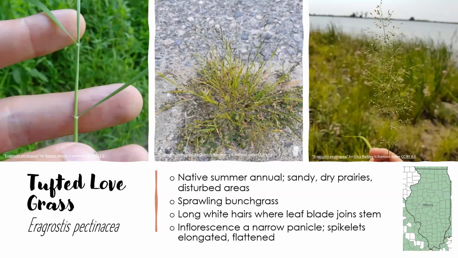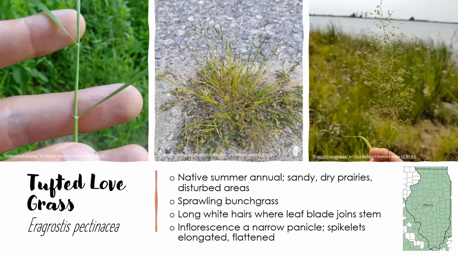On this one you can find long white hairs in tufts where the leaf blade joins the stem. That's characteristic in general of the love grasses. So that helps them stand out from others, but isn't really helpful when you're trying to tell them apart from one another. In this case, we're going to look in general at the size, and then the way that the spikelets are arranged in the panicle.